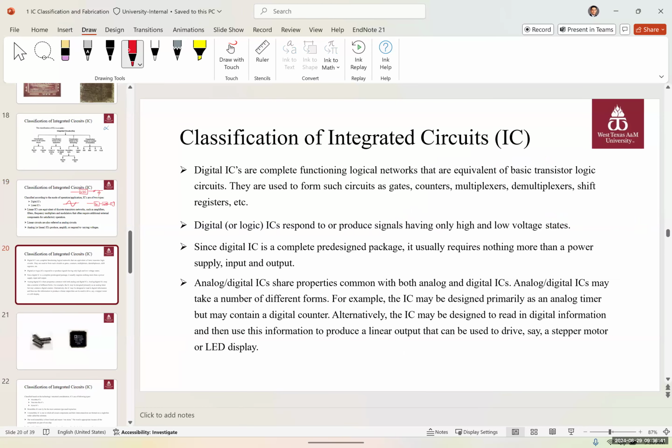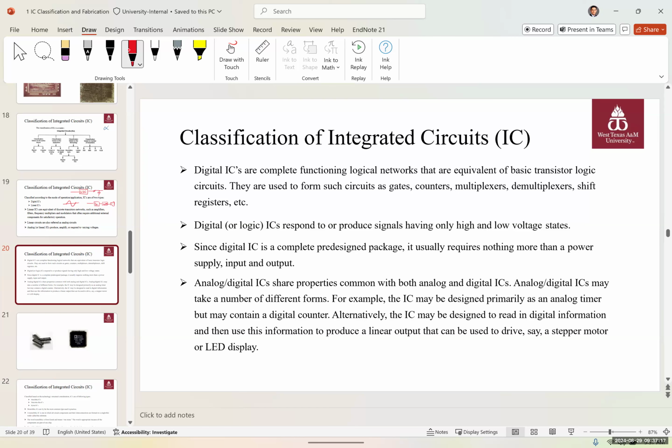So anything that deals with the digital signal is a part of a digital IC. Digital ICs usually do not require additional parts. The only thing that you need is to connect input, output, and a power supply. They are used to build logic circuits like anything that you see in a laptop, on your phone, computer, anything that is a digital signal.